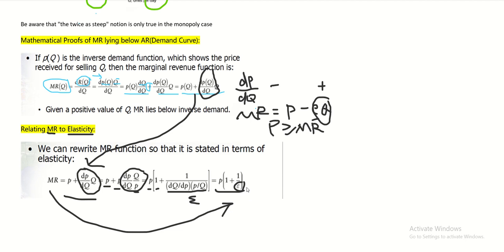Also, this elasticity of demand won't be below 1. The reason behind that is the firm will most likely operate in an inelastic portion of the demand curve, which is this portion of the demand curve.